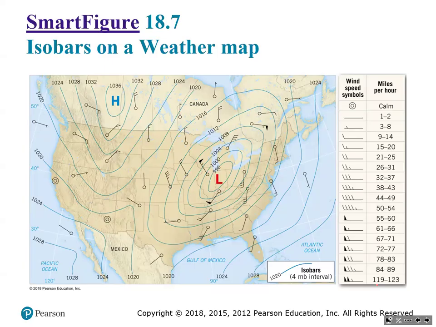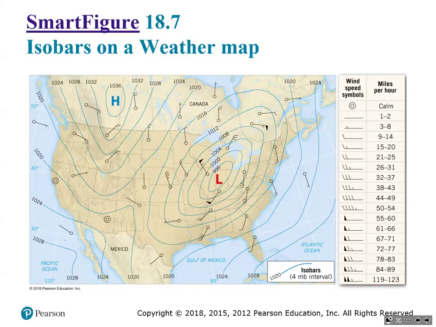So here the wind is blowing this way. And here the wind is blowing this way. So you'll see on here, where the lines are closer together, over here, these are higher speeds, because the little symbols on the end indicate the speed. Where the lines are further apart, you have much lower speeds.